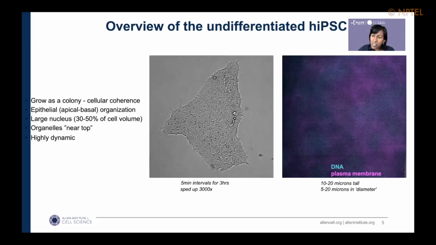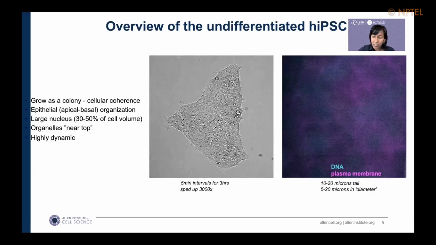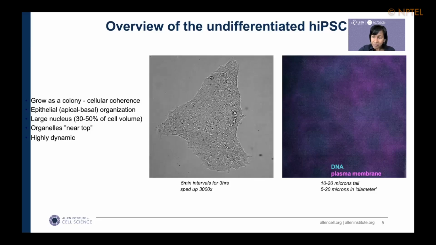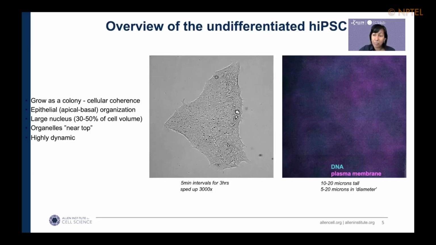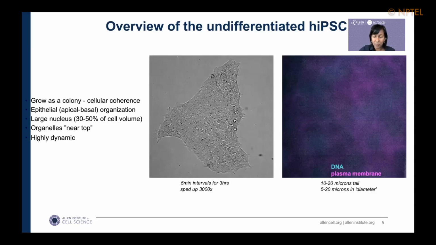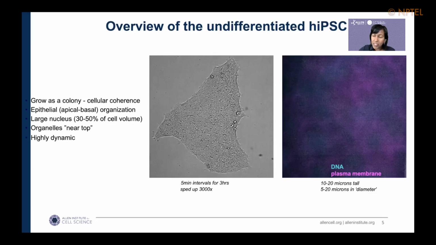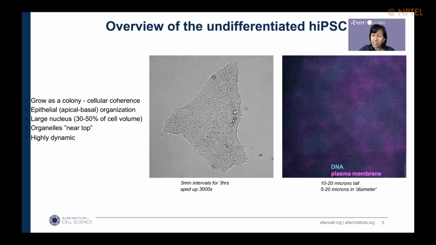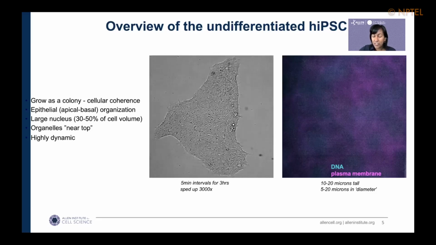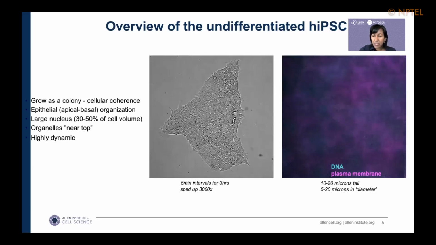And on the right, I'm going to show you a fluorescent image. Actually, it's also a series of images going from the bottom of the cell to the top. These cells are pretty tall. And we have stained these cells with 2 dyes, one to see the nucleus, the DNA, and the other to see the cell periphery or the cell membrane. So I'll click that.